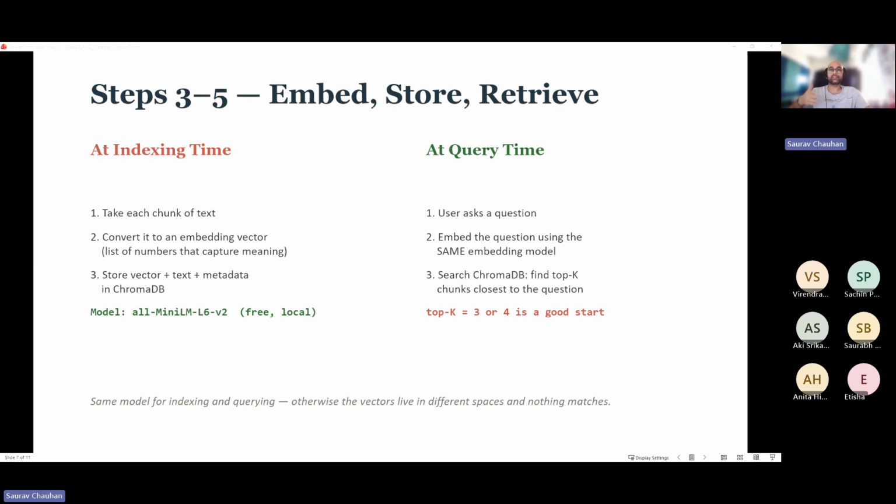Closest would mean the least distance, or numerically least difference between two numbers. We use cosine similarity to find that distance and find the closest ones. Based on that, whichever are the nearest chunks, we retrieve those chunks. You can give a value of k for getting those chunks. So k equals 2 means the 2 nearest chunks, k equals 3 means the 3 nearest chunks. And we retrieve those k chunks.